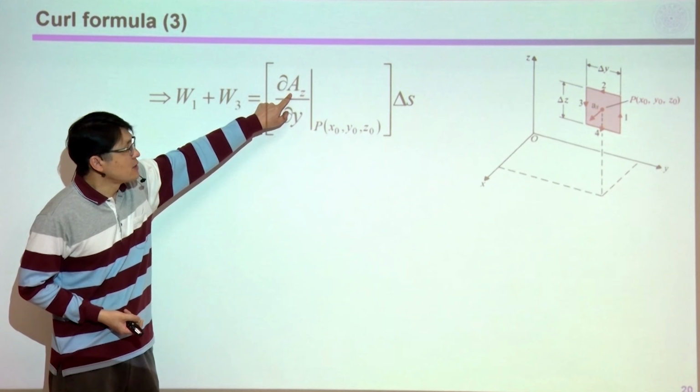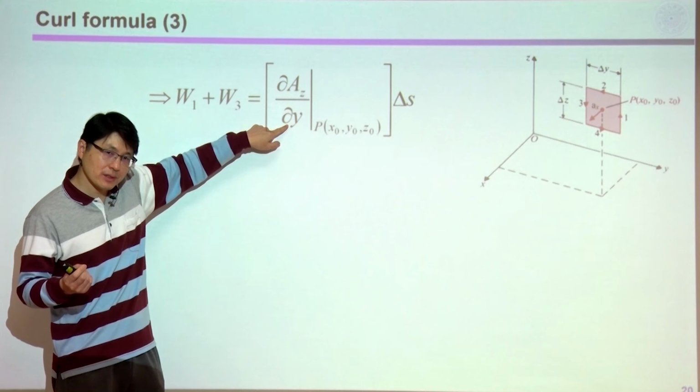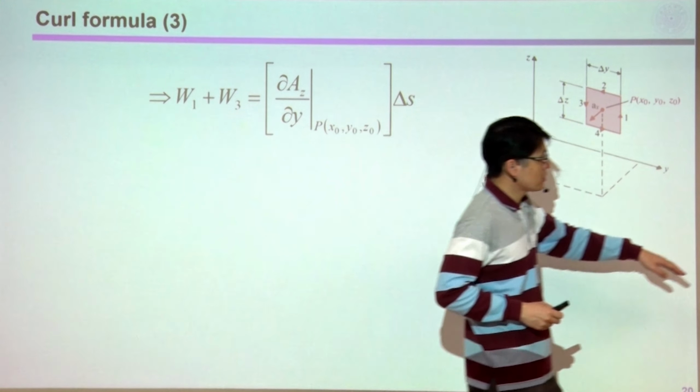So the Z component, when you make a partial differentiation to the Y direction, although it is a Z component, it is a function of X, Y, Z. So your partial Y has to be non-zero in order to give a non-zero result for these two segments. So think about it. Let's come back to this.